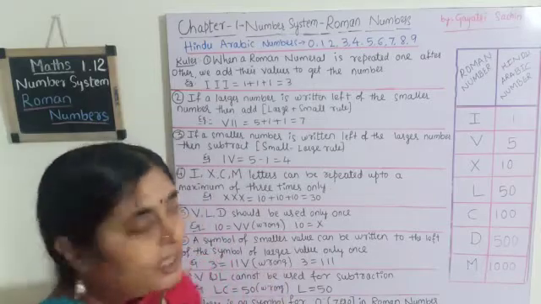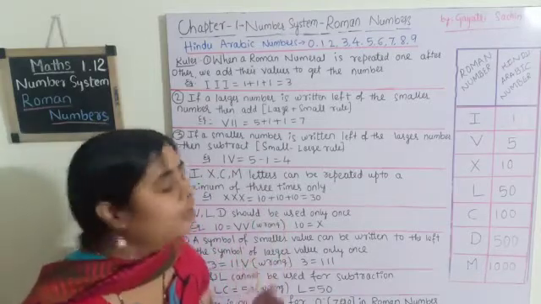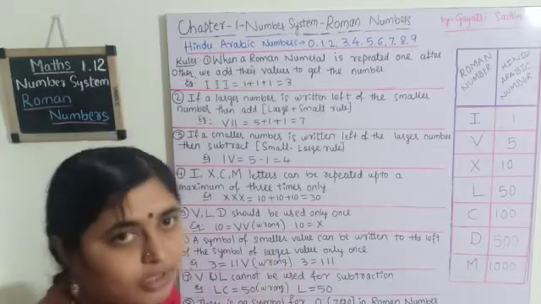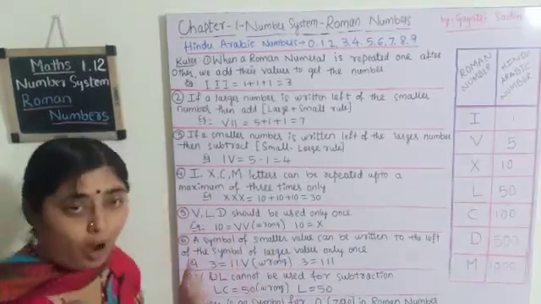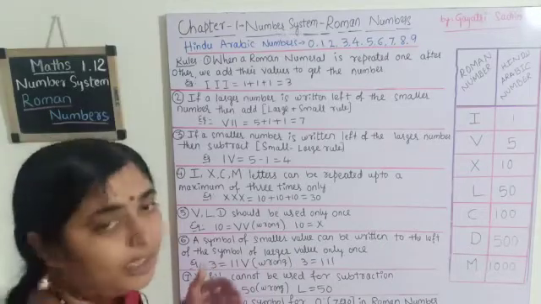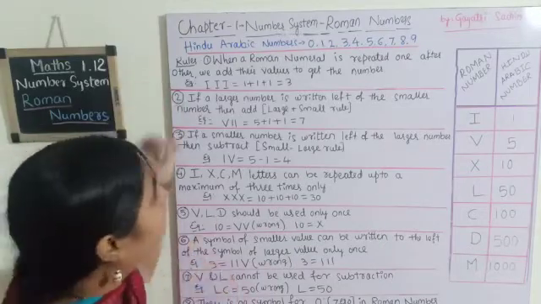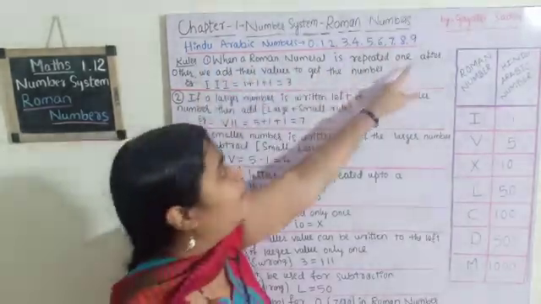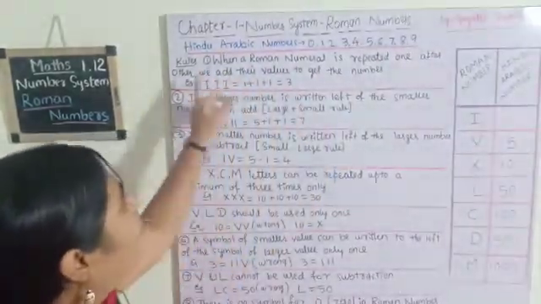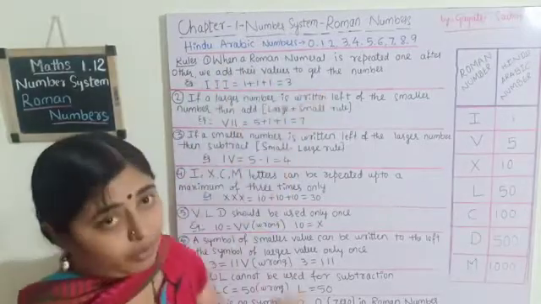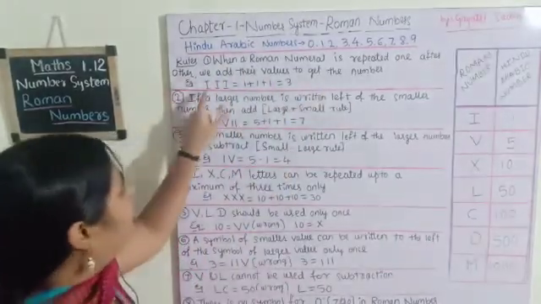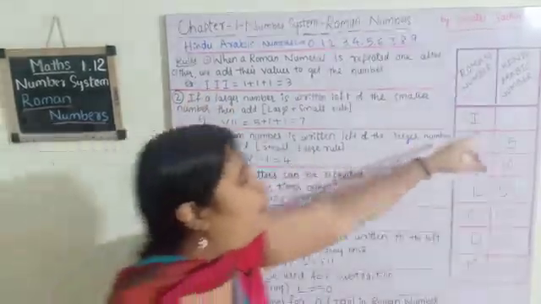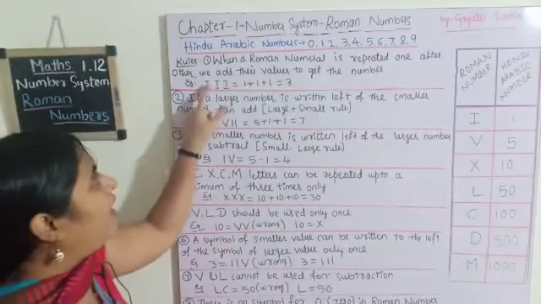Before we study writing numbers, let's see certain rules. We have to follow these rules so that we will come to know how to write Roman numbers. Let's start with the rules. Rule number 1, what it says: when a Roman numeral is repeated one after another, we add their values to get the number. See here, I. I means 1.